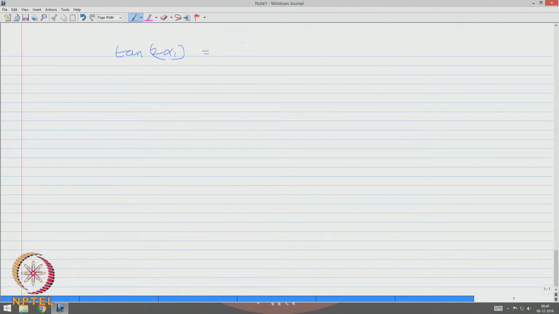Tan 2 alpha 1 is minus 2 I y z by I z minus I y, which in my case is minus 1.46 10 power 4 by 4.82 minus 2.57 into 10 power 4, which says tan 2 alpha 1 is minus 1.298, which tells me alpha 1 is 63.81 degrees.